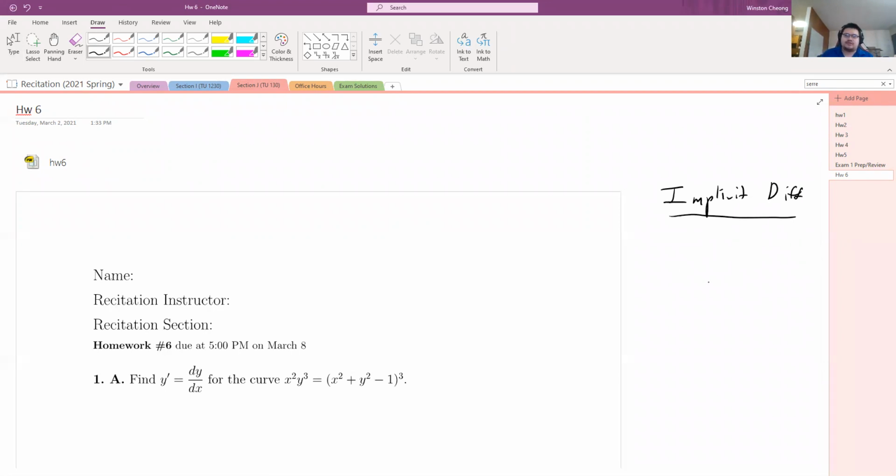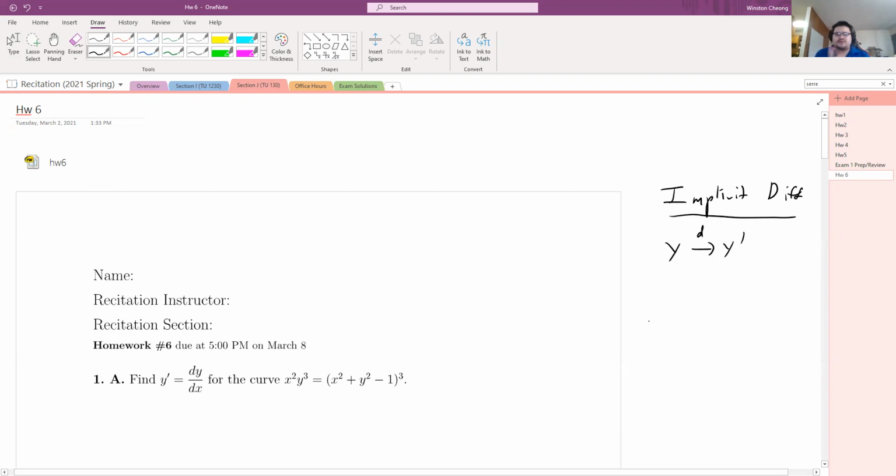Normally we've just been dealing with things where we take the derivative with respect to whatever the function is. But here we now have things, like in this first problem, that have multiple variables. We have x and y. And so we have this additional rule that when we see a y and we are trying to take its derivative, we instead get this thing called y prime.